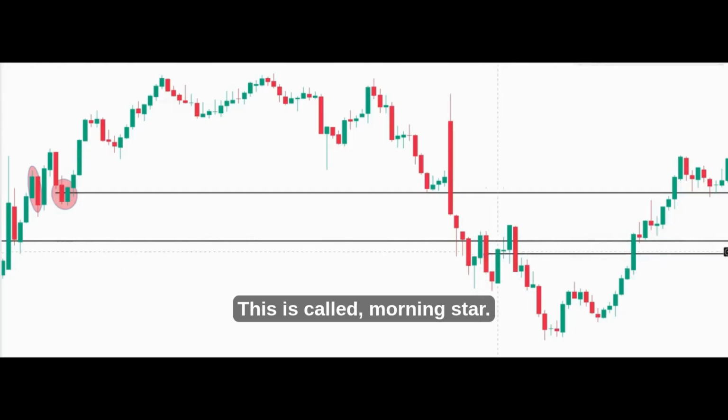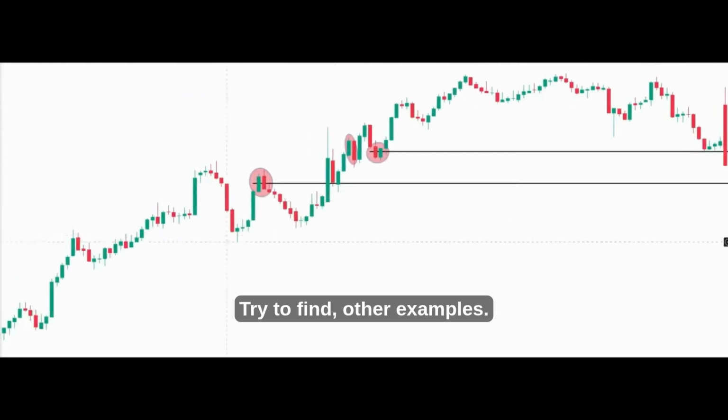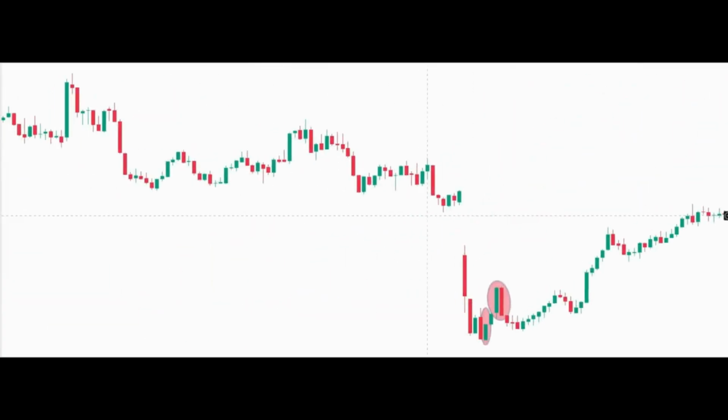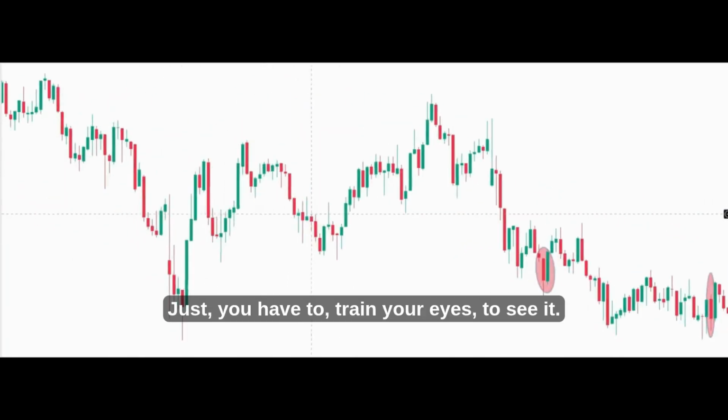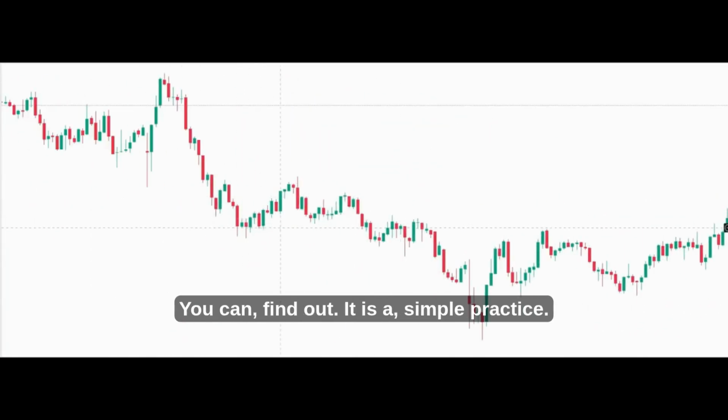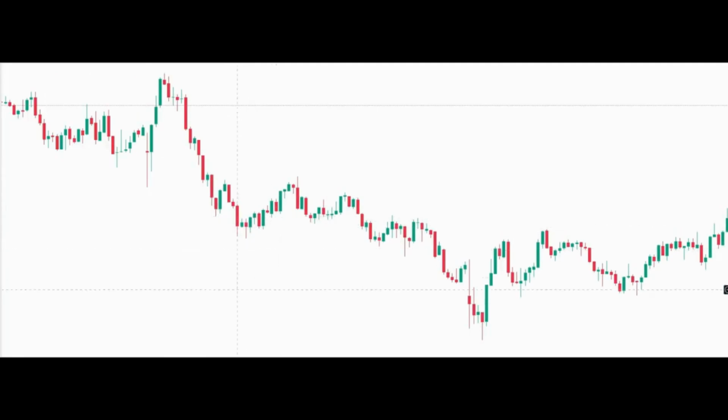This is called morning star. Try to find other examples. You just have to train your eyes to see it. It's a simple practice. You will get it.